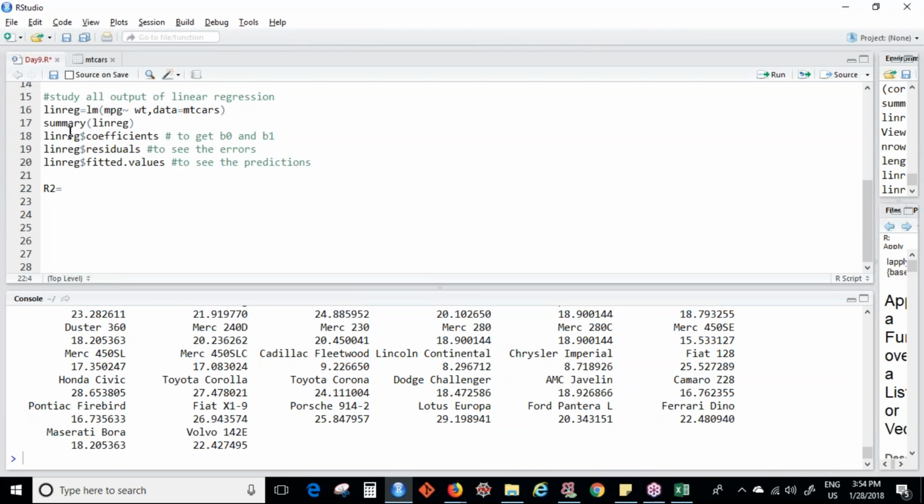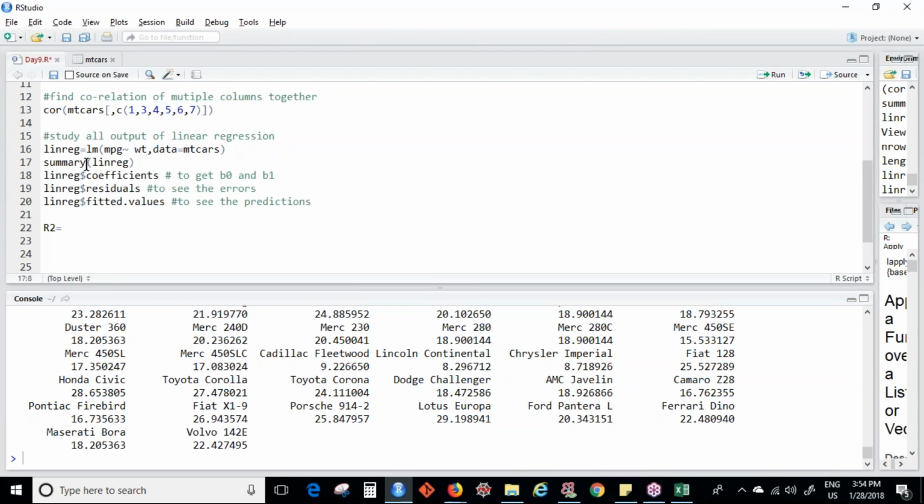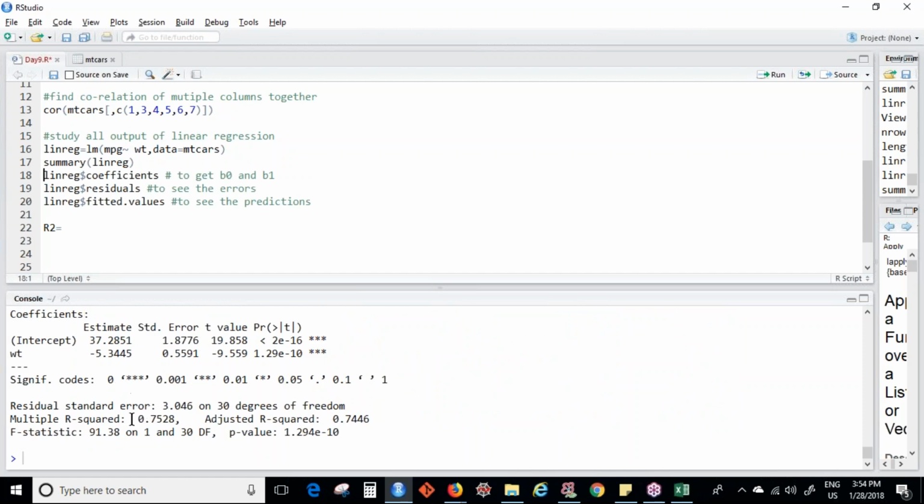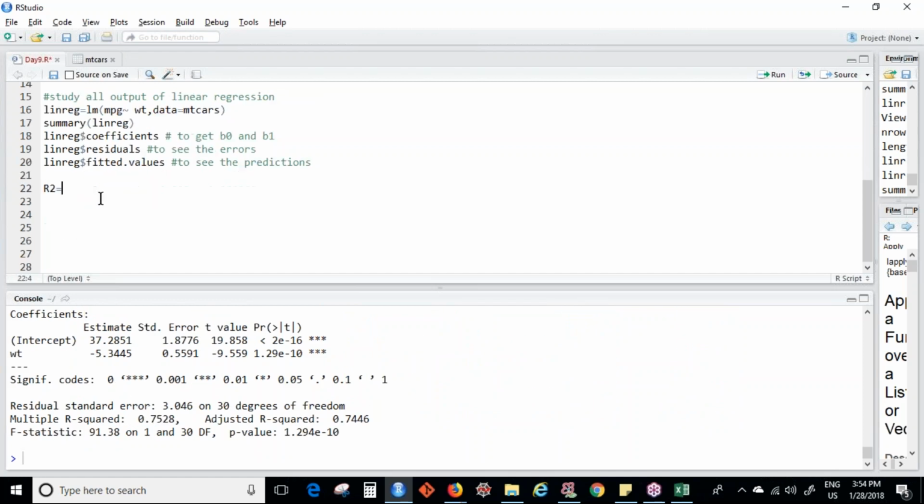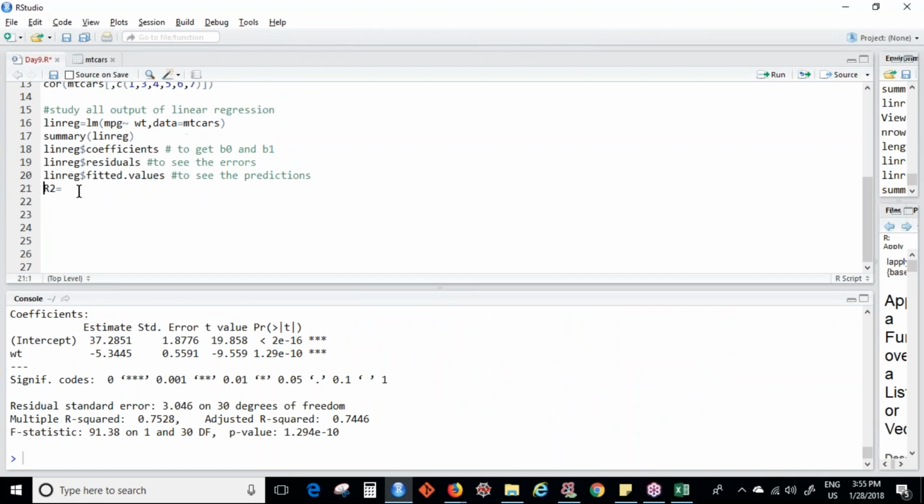So one formula is directly taking from summary. So one formula is directly taking from here. So this is the R square. But can we calculate it manually using these three things? Can somebody write it down?